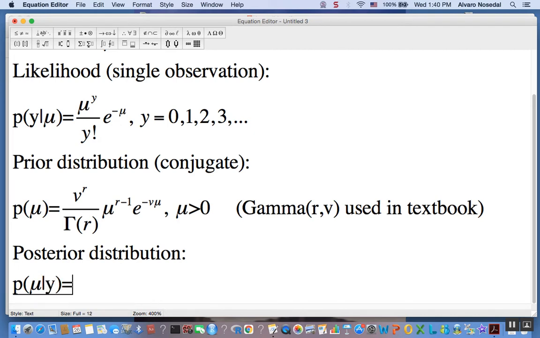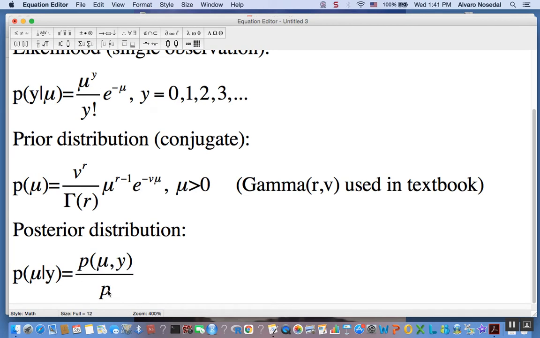And this is going to be the same as the joint of mu and y divided by the marginal of y. Let me write that down: joint of mu and y divided by marginal of y.